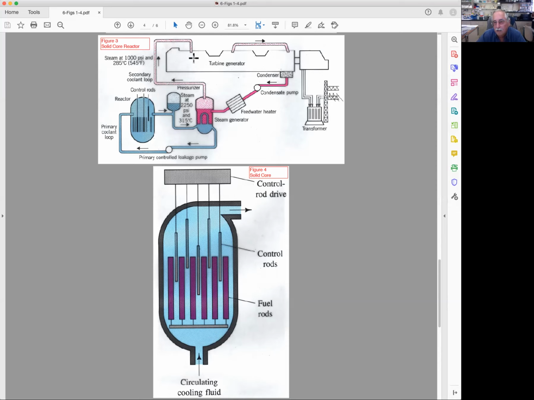And the word turbine means it has like little fans on it that can actually catch the flow of water vapor and cause it to turn. And a generator is just an electrical motor being forced to operate in reverse. So what you do is you're creating electrical current.